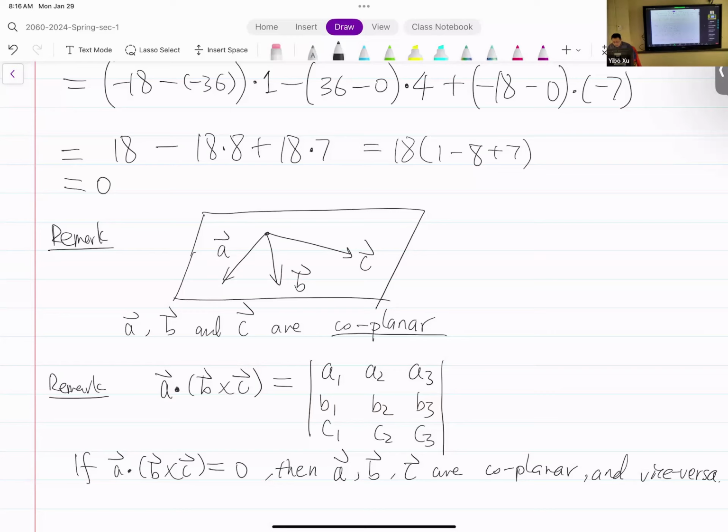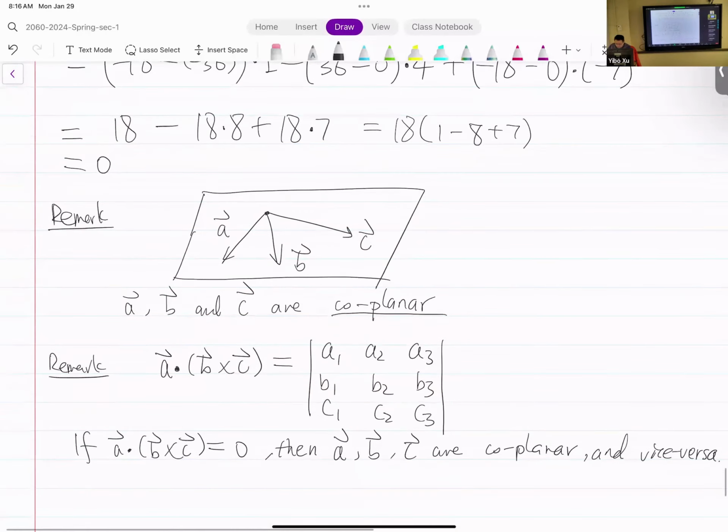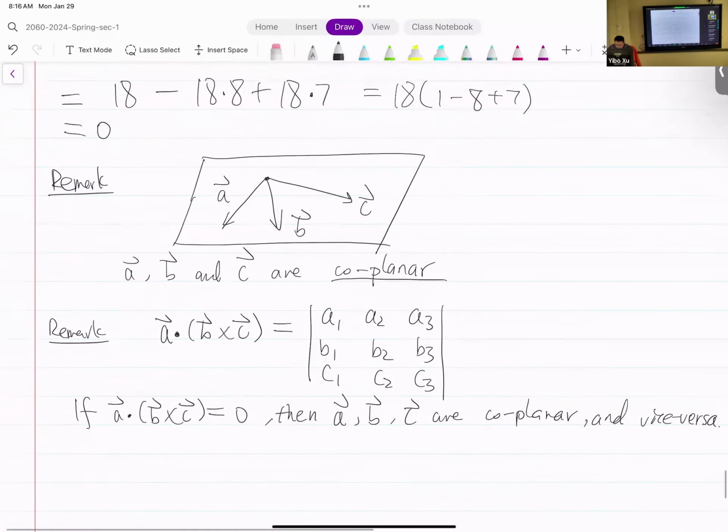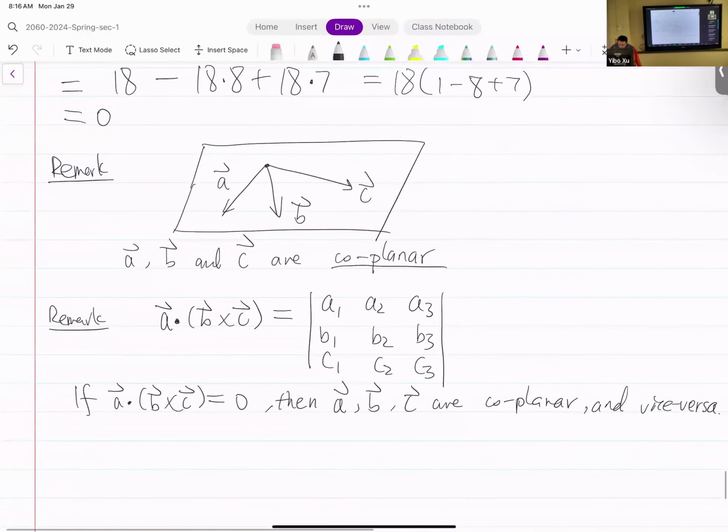If A, B, and C are 3 vectors that are within the same plane, then if you do this arithmetic, it's going to give you a 0. Okay, so this is a nice property.